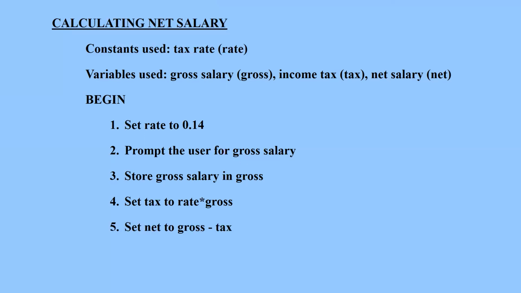Step five is set net to gross minus tax. Step six is display the gross salary, the tax, and the net salary. And that is my other algorithm, or my other pseudocode.